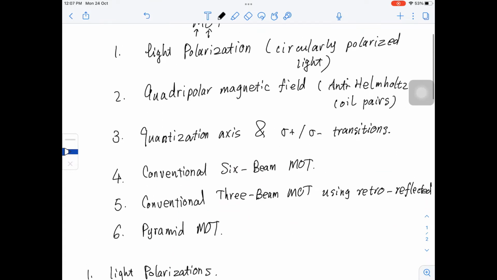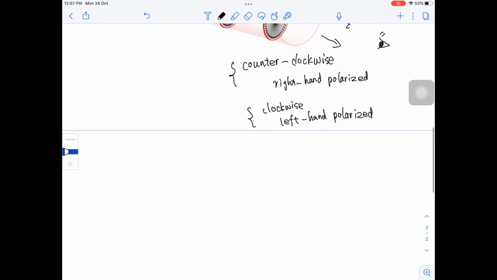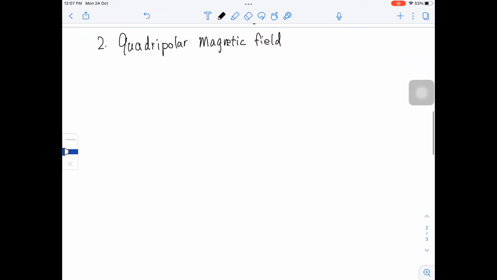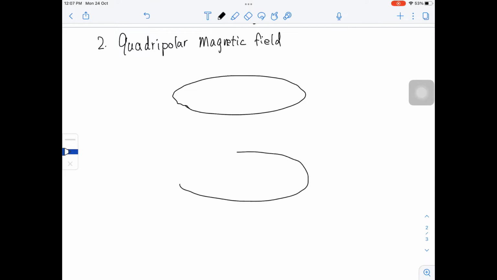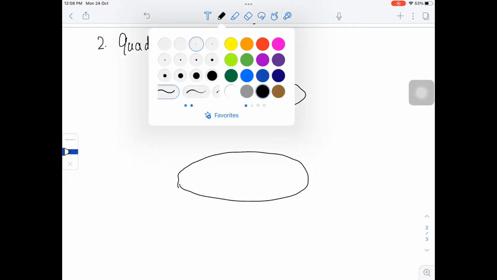Okay, then we can talk about the quadrupole magnetic field. We're all very familiar with the MOT configuration, where we use a pair of anti-Helmholtz coils. I will not draw the dimensions of these coils for now, because everybody is very familiar with it.